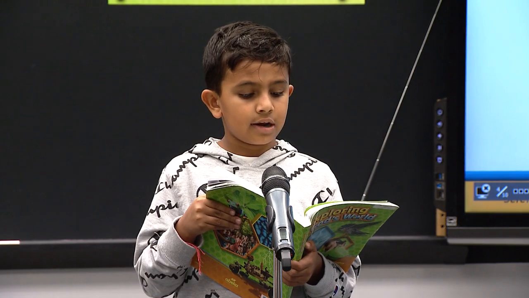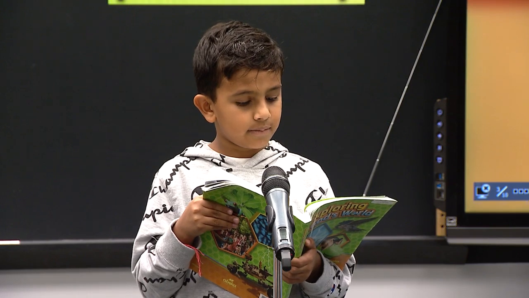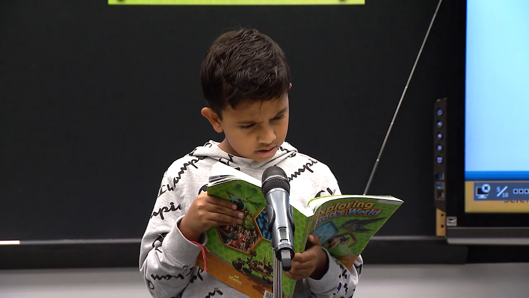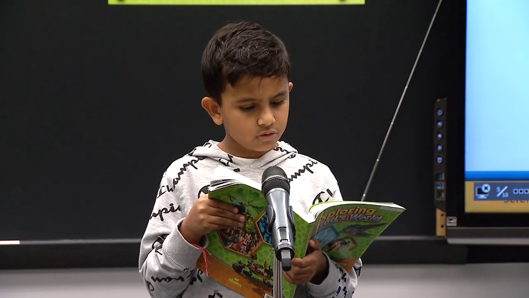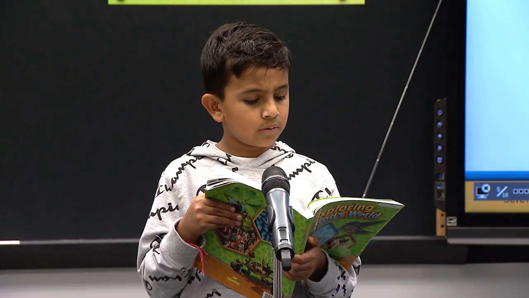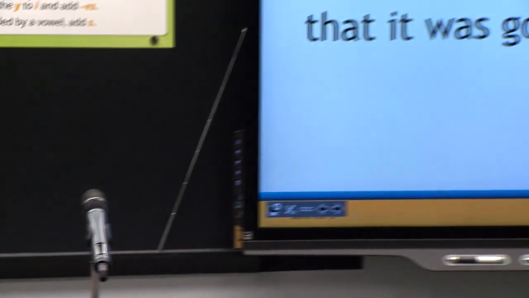Magma, hot liquid rocks. Compass, an instrument that uses a magnet needle to point to north. Good. Let's talk about the shape of the earth as Lucia comes to read.